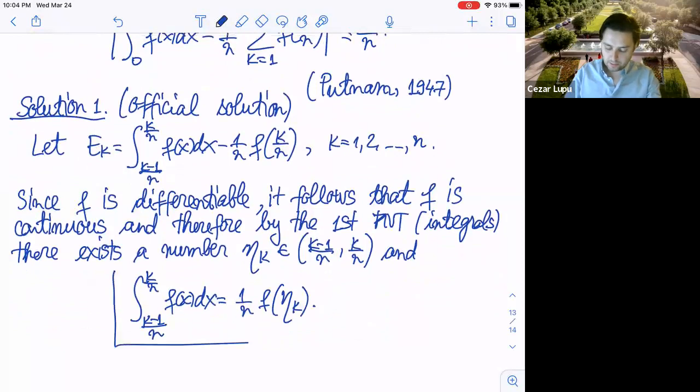Let's keep this relation in mind. Let's denote this by 1.